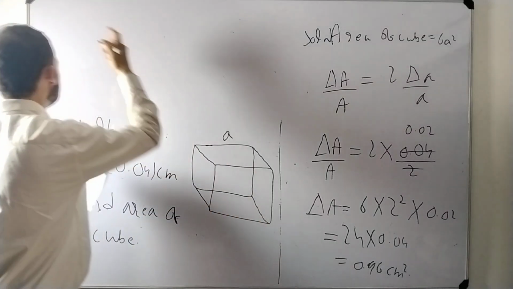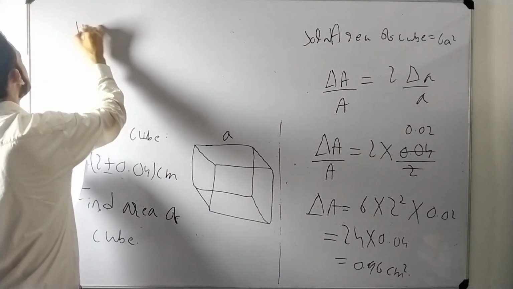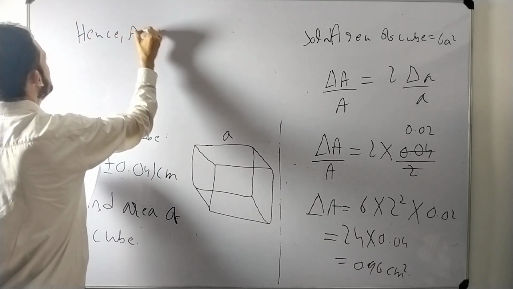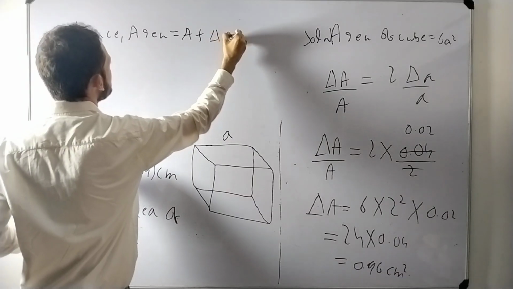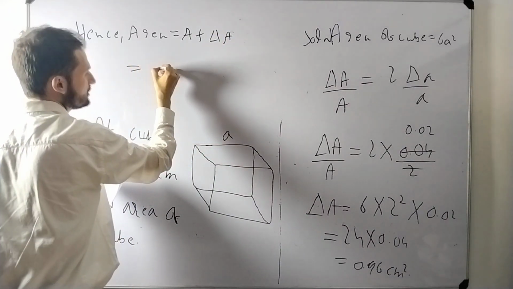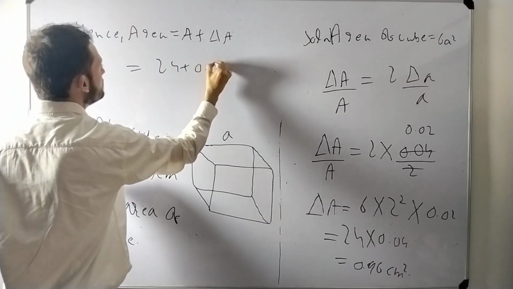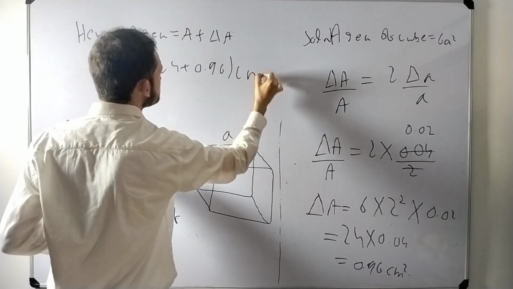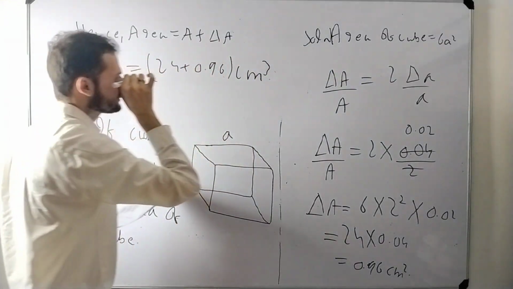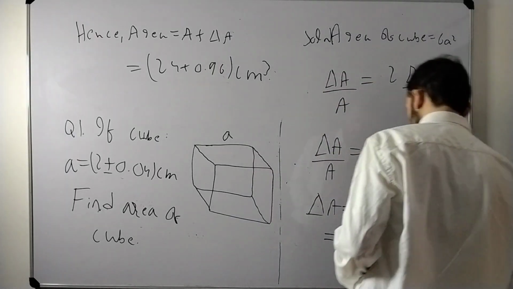So you add the thing. Yes, definitely. Hence, area A plus del A, and this makes our area as 24.96 centimeter square. Excellent, students. Excellent. Next part.